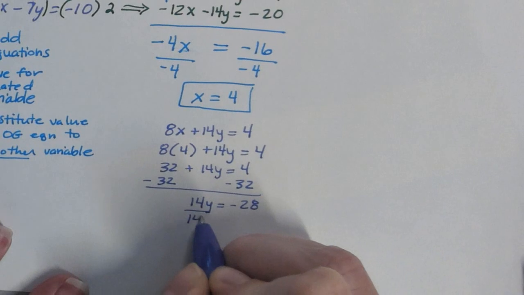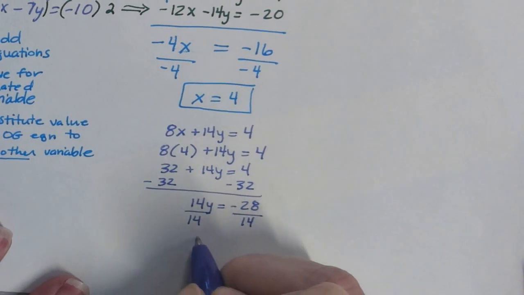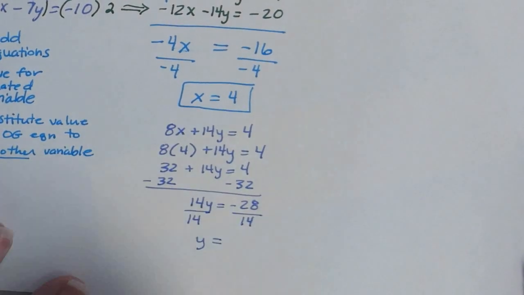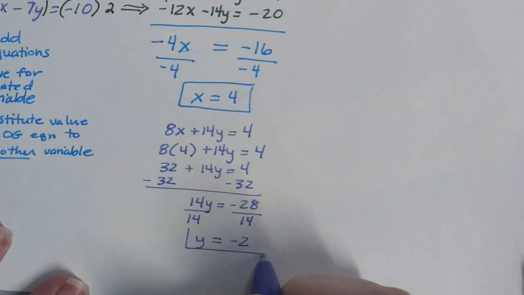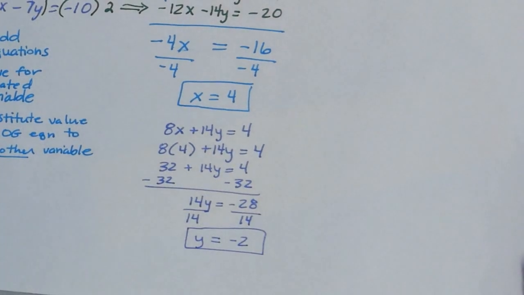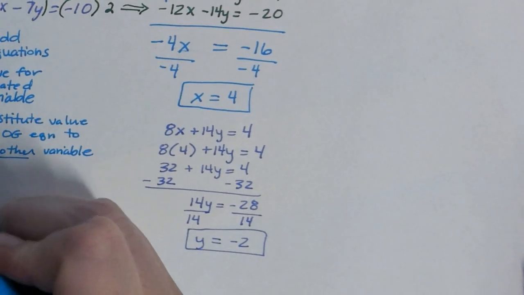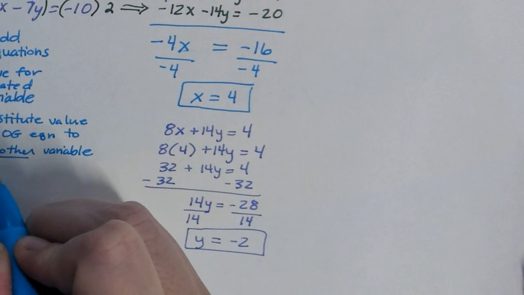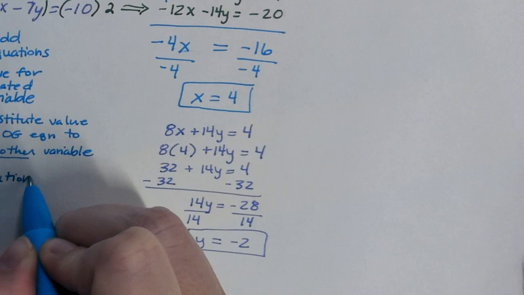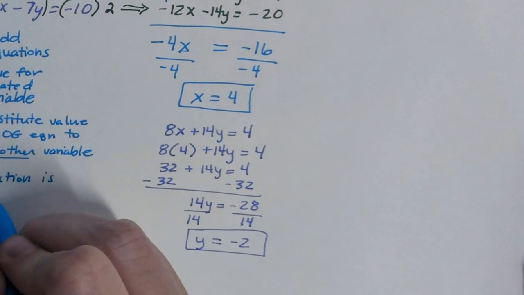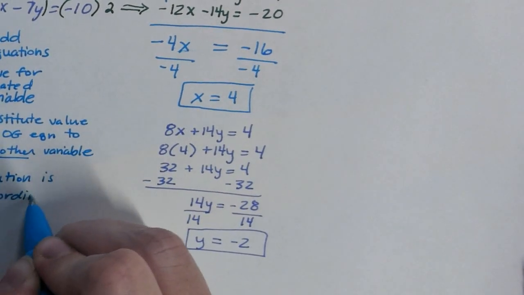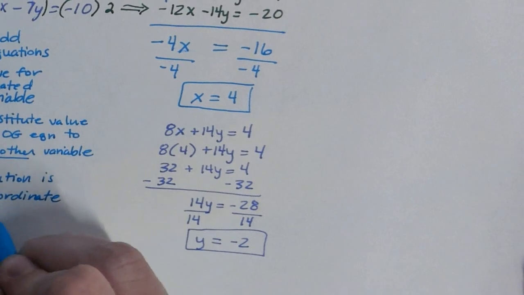And then what did you get for y? Negative 2. Great. The last step when you're solving equations: the solution is a coordinate point. It's always going to go in alphabetical order.